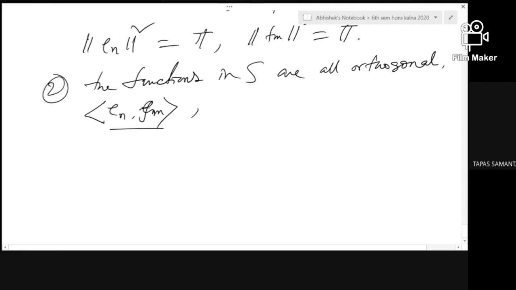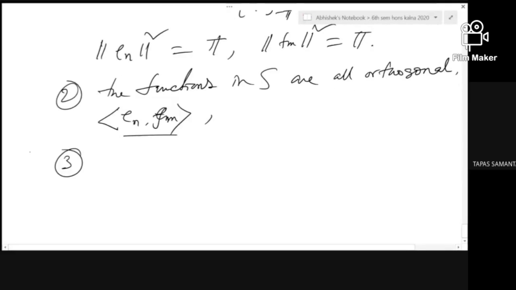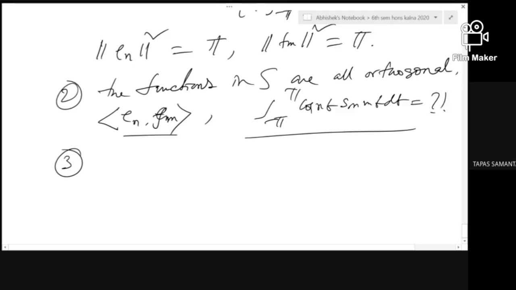Then you will find that this will be 0, because it will be the integration minus pi to pi cos nt sin mt dt, and this integration is 0, as you can check. So you need to check this integral.